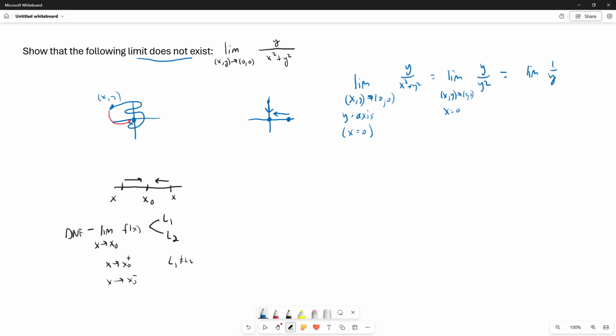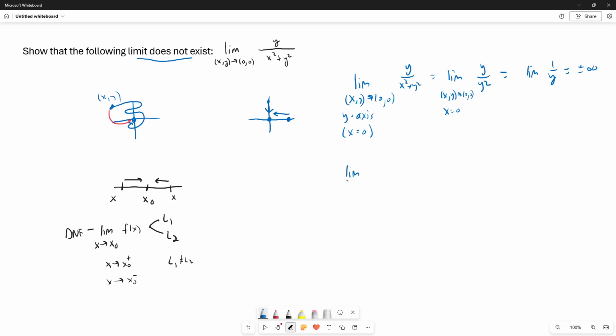And as (x, y) goes to (0, 0), 1 over y will go to plus or minus infinity. So already we have a problem, because depending on whether y is positive or negative, we have two different answers. So it already doesn't exist just from this one case.